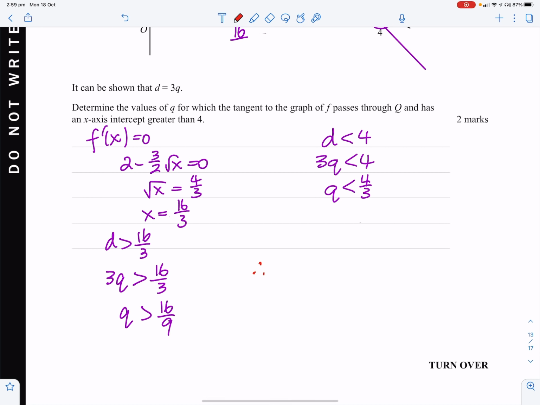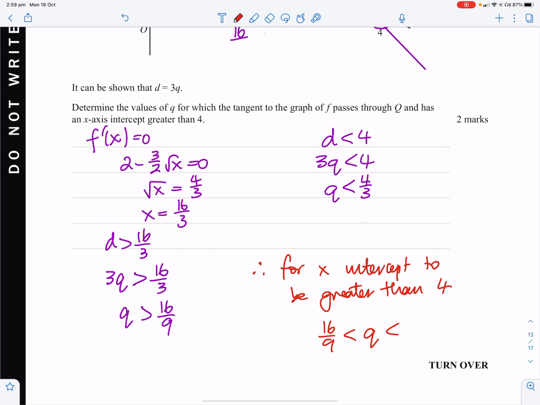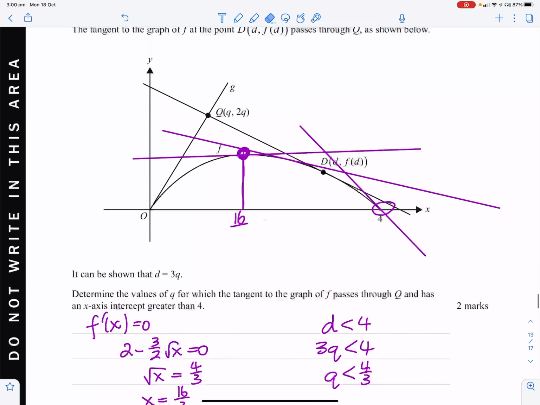So therefore, for the x-intercept to be greater than 4, 16 on 9 is less than Q, which is less than 4 on 3, because Q has to be greater than 16 on 9, which is what that says, and Q has to be less than 4 on 3.